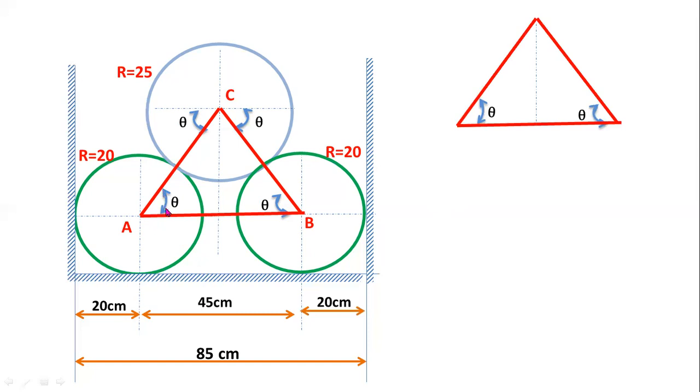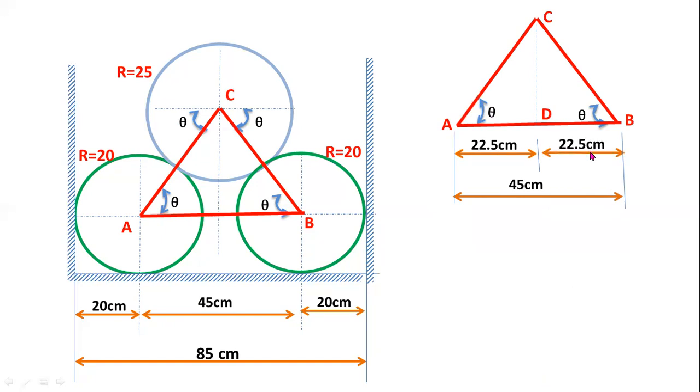Now for determining the angle of inclination theta, you have to consider this triangle as it is. From this diagram, the length of line AB is 45 centimeters. Now this is an isosceles triangle, so the base is split into 22.5 centimeters and 22.5 centimeters.